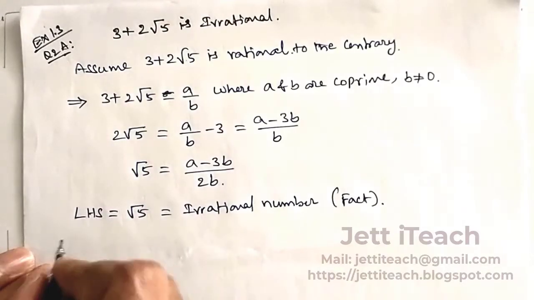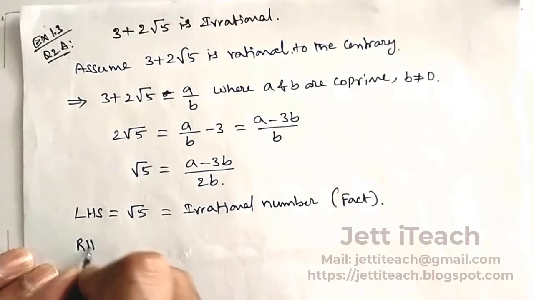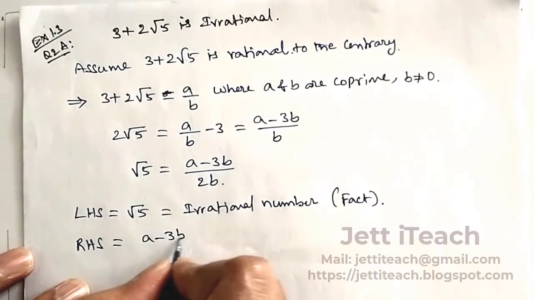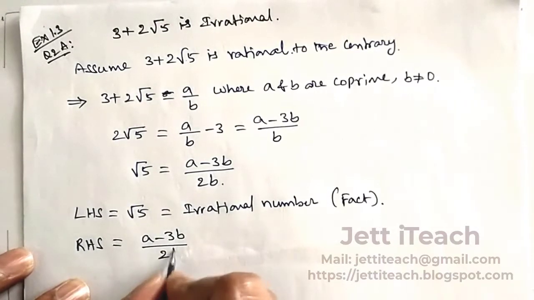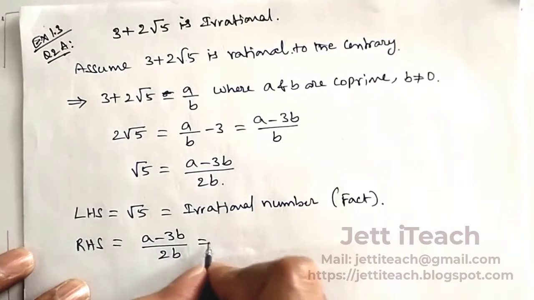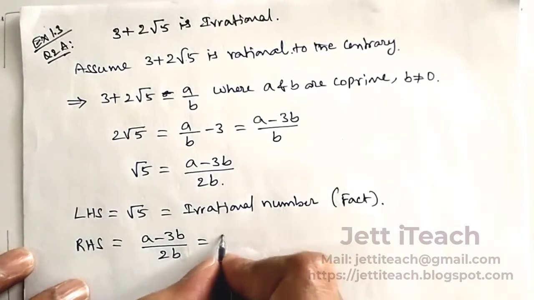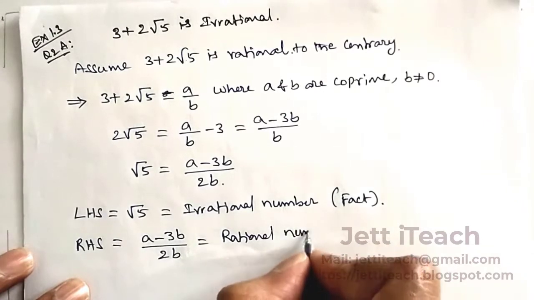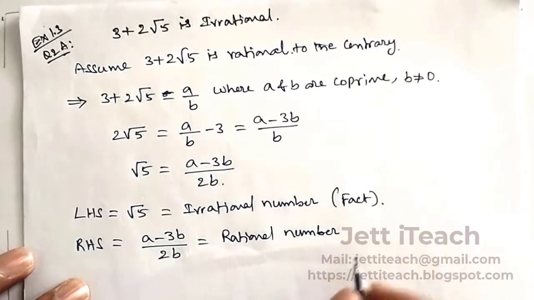We can check the right hand side now. a minus 3b by 2b. So it is a rational number. So why is it a rational number?